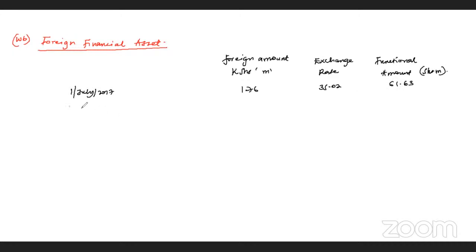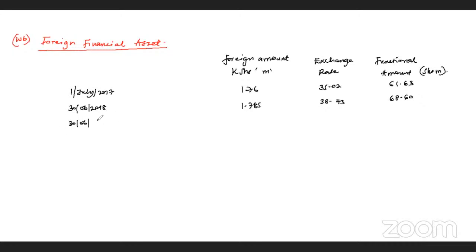Then on 30th June, its fair value increased to 1.785, but the exchange rate has also moved upwards, giving you a value in Ugandan shillings of 68.60.